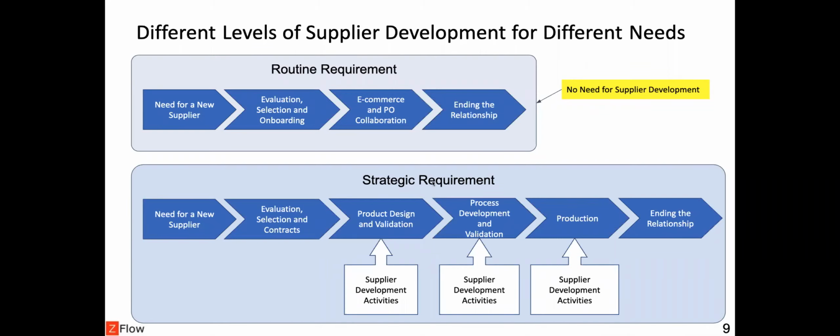However, if the suppliers are providing you with production parts, production services, which are pretty critical for your product or for your service, and you have to make sure that they can design and validate the subsystem or the component or the service and actually make it in volume and at production scale at the level of quality that you need, this is where supplier development activity becomes very important.